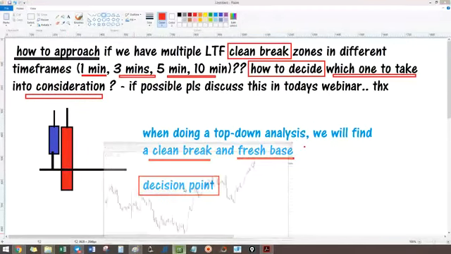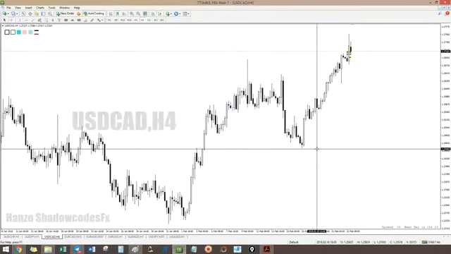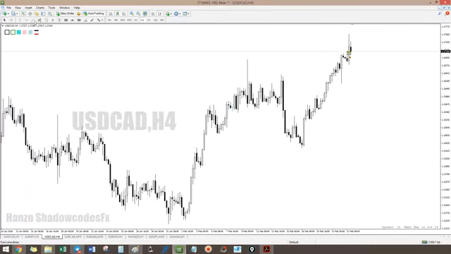Let's see, how to do it? For example, I use this UCAT H4. Why does it turn here? So let's take this one. Why does it turn here? Let's go to a lower time frame.